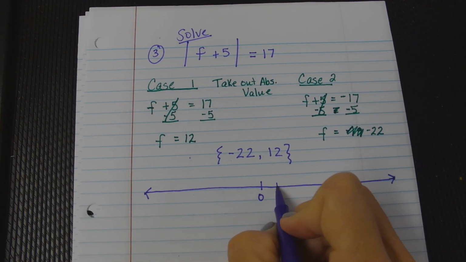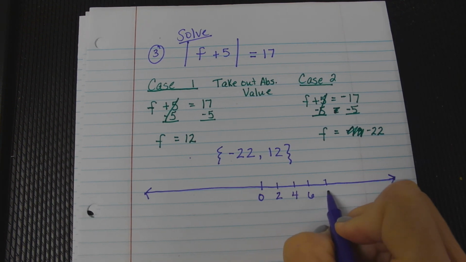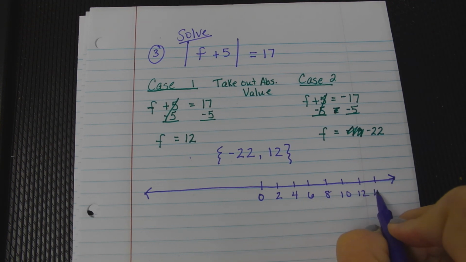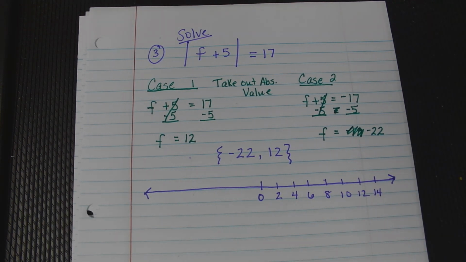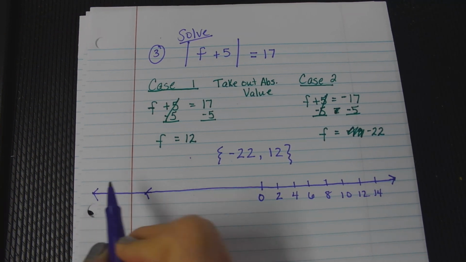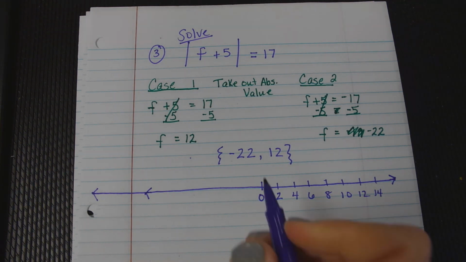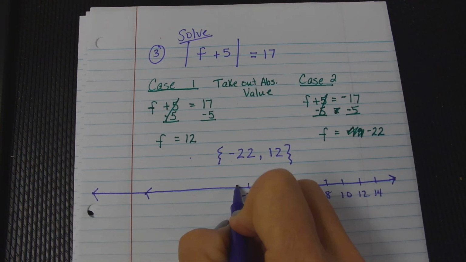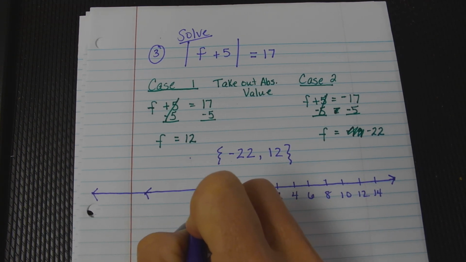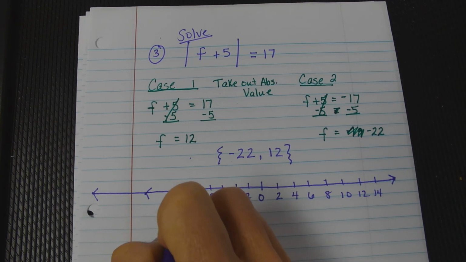I'm going to count by 2s: 2, 4, 6, 8, 10, 12. I'll stop at 14. To the left is negative. So I'm going to do negative 2, negative 4, negative 6, negative 8, negative 10, negative 12.